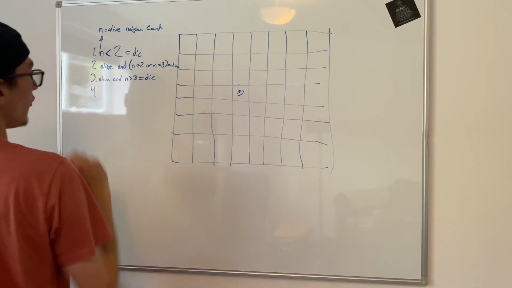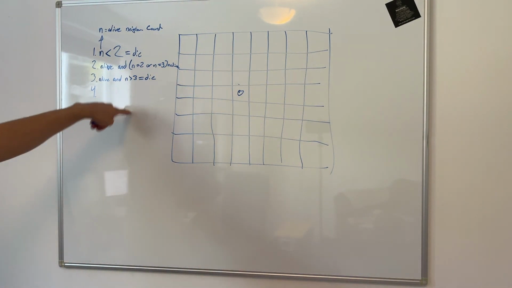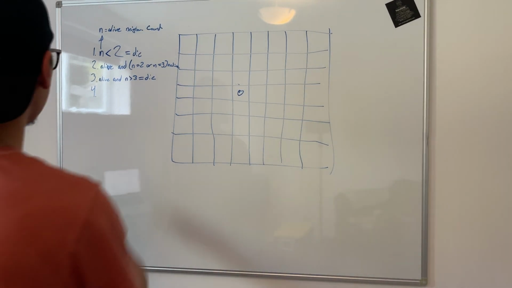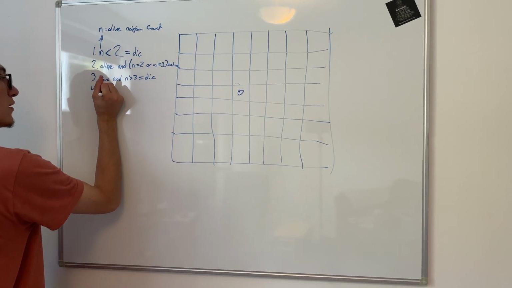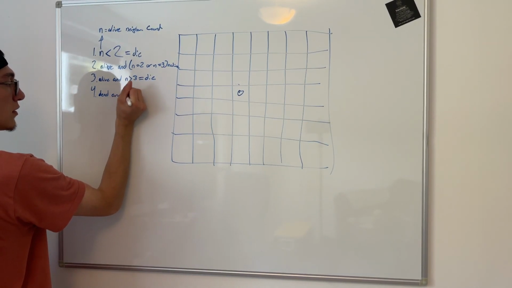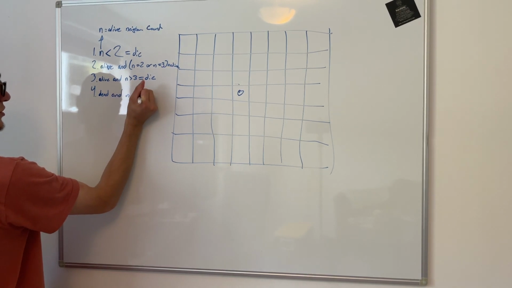They say from overpopulation. And the last rule is for creating new alive cells that were not before, right? So any dead cell with exactly 3 neighbors becomes a live cell. Okay, so if dead and neighbor equals 3, right?